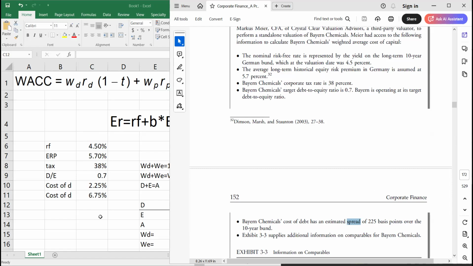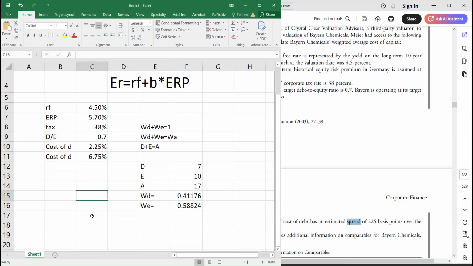Okay, let me tell you one thing. How do banks earn money? They collect the deposits. They pay, let's say, some return, like 4.5%, to deposit holders. And they lend this money at 6.75%. And the difference between the deposit rate and the lending rate is called the spread. Just keep it in mind. Spread is the net return for the banking industry.